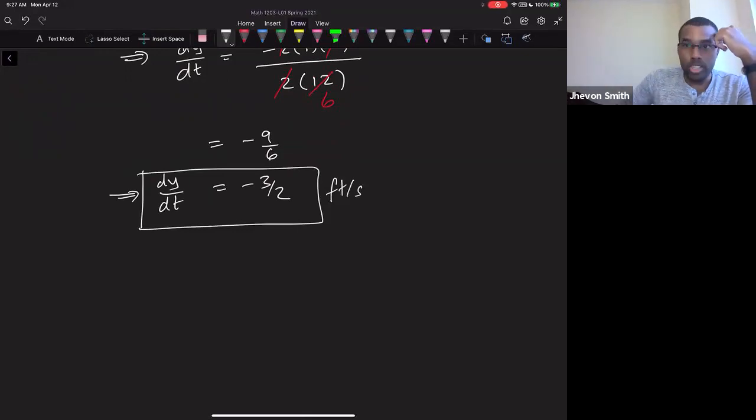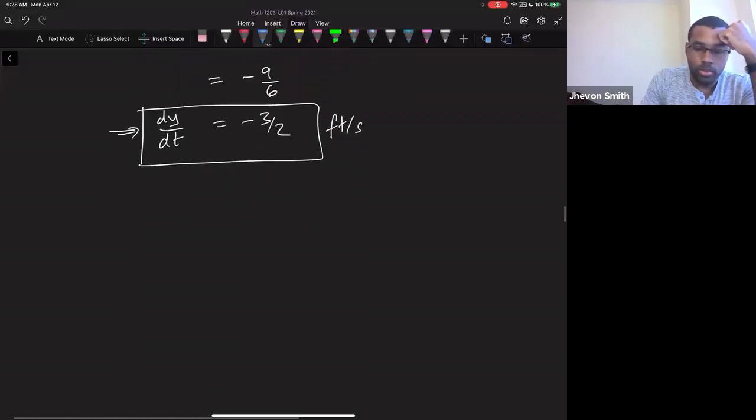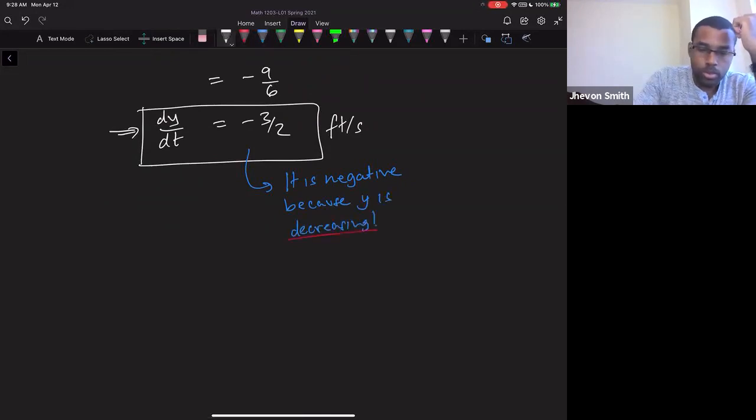Notice the minus 3 over 2. It is negative because y is decreasing. So something that occasionally happens here is that a student would get to this point and they're like, well, y is a length, and I don't know if I can have negatives there.